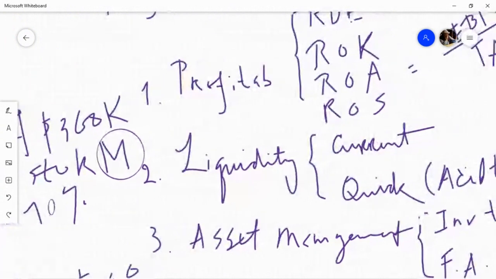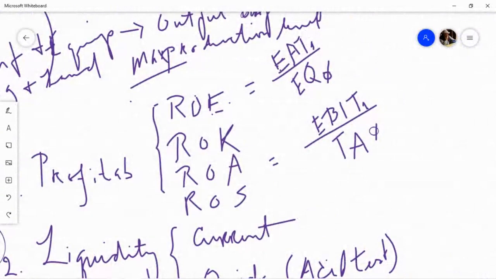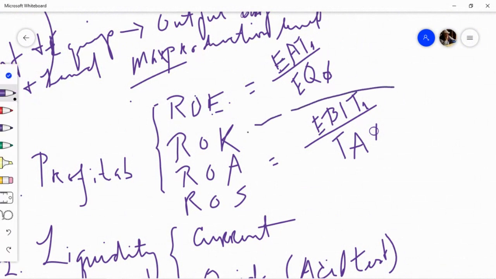So the thing is, return on capital only has long-term debt in the denominator. So return on capital is then EBIT over long-term capital only, which is long-term debt and equity.